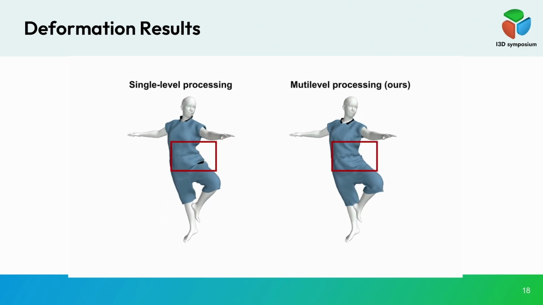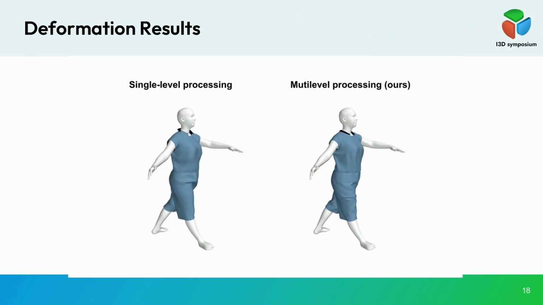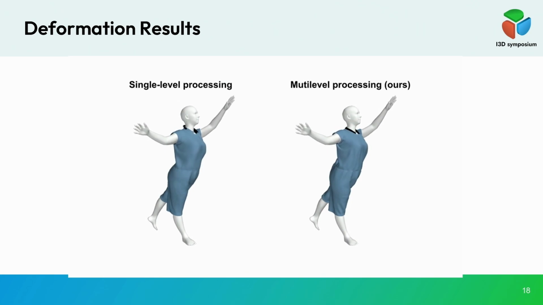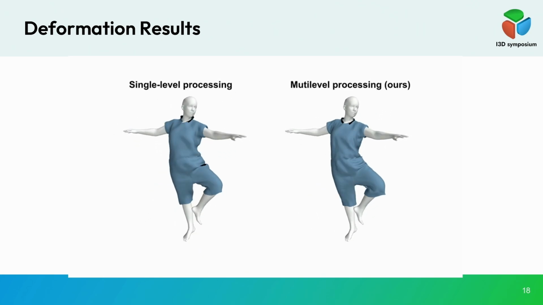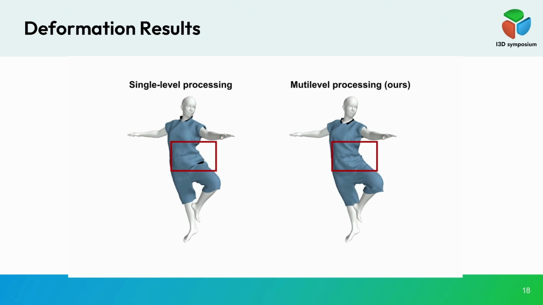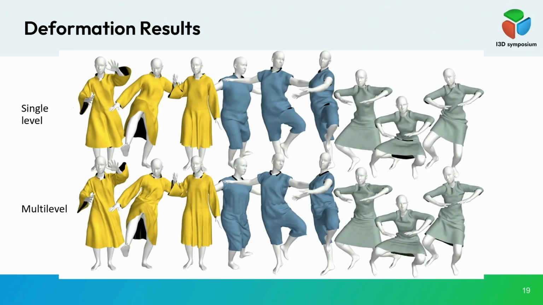Our method can generate larger wrinkle areas on test garments without artifacts, showcasing the advantage of our multi-level approach. By testing various garments, body shapes, and movements, our method can consistently produce satisfactory results.